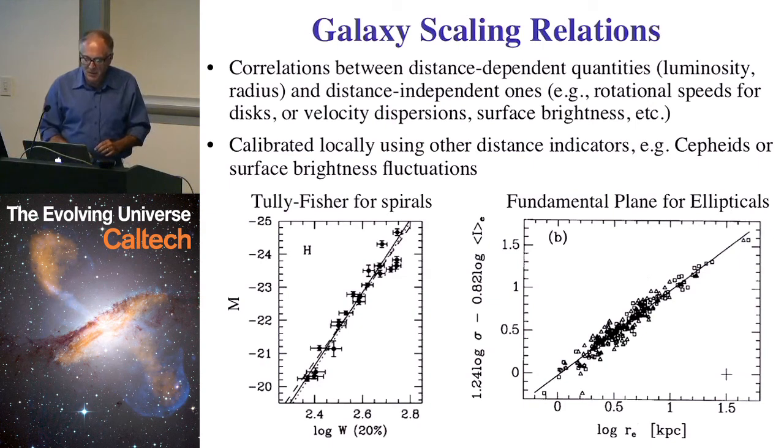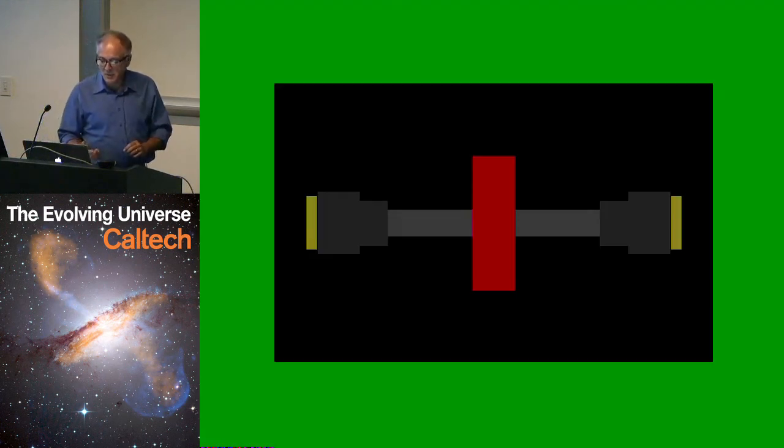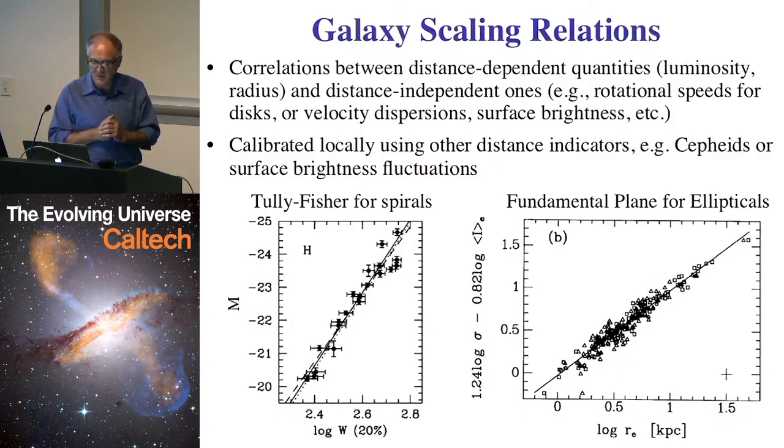We already talked about galaxy scaling relations, like Tully-Fisher for spirals, absolute luminosity versus rotational speed, or the fundamental plane of ellipticals, like radius versus a combination of surface brightness and velocity dispersion. In the case of spirals, the x-axis line width is distance independent, the y-axis luminosity is distance dependent.